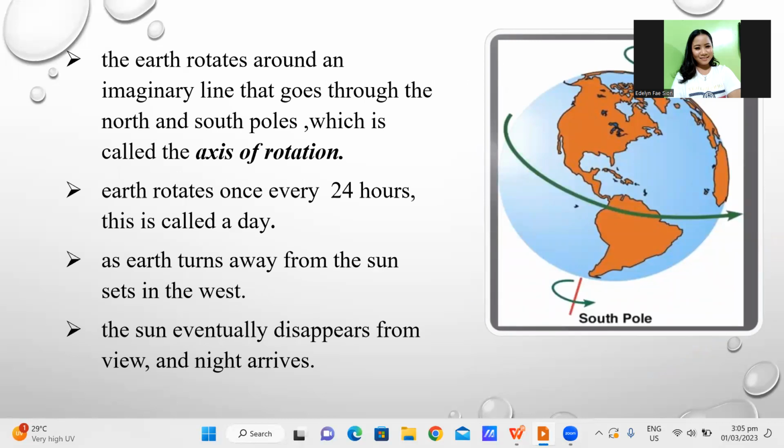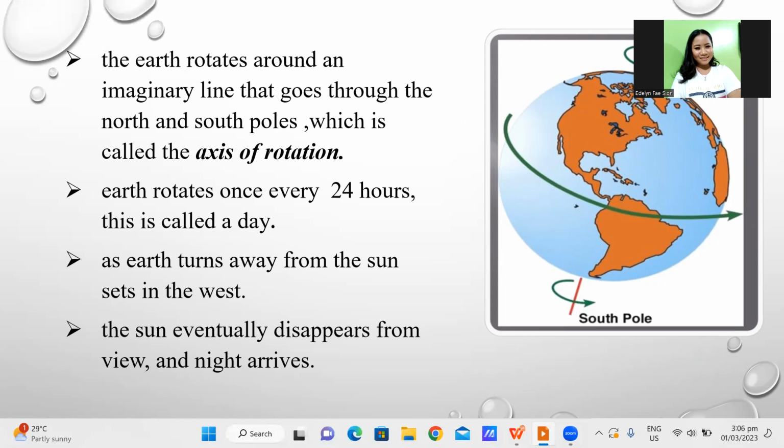So, we proceed now to the North and South poles. The Earth rotates around an imaginary line that goes through the North and South poles, which is the axis of rotation. So, ito yung axis of rotation, kung paano mag-rotate yung Earth. Earth rotates once every 24 hours. This is called a day.